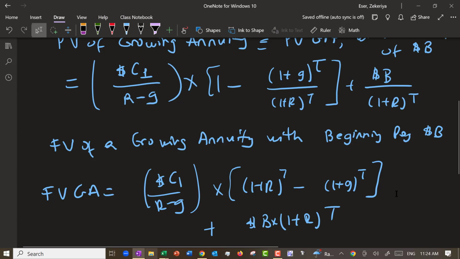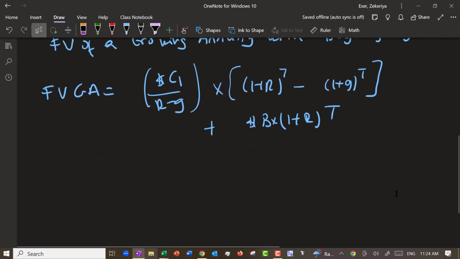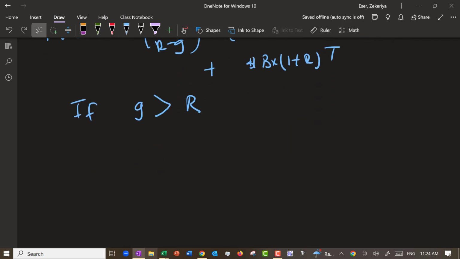These formulas apply only if the growth rate is less than the discount rate. If G is greater than R, which is going to be rare, since there are a finite number of terms, the present value and thus the future value are properly defined.